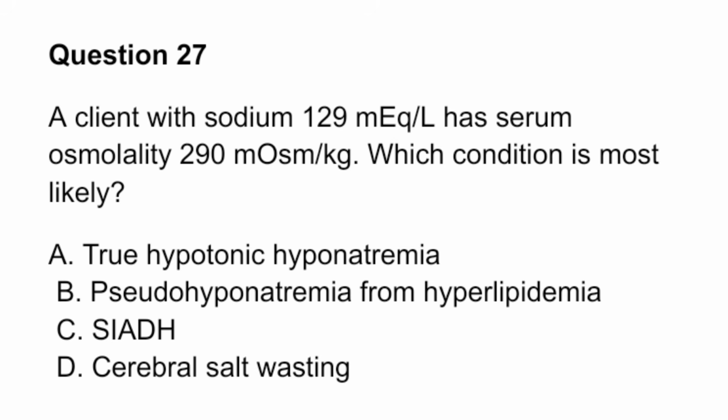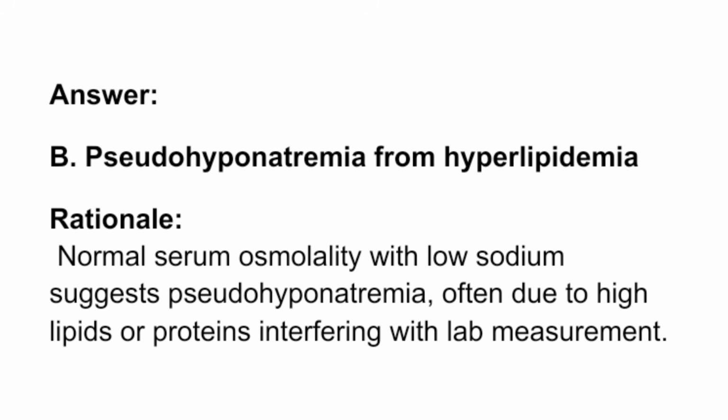C. SIADH. D. Cerebral salt wasting. Answer. B. Pseudohyponatremia from hyperlipidemia. Rationale. Normal serum osmolality with low sodium suggests pseudohyponatremia, often due to high lipids or proteins interfering with lab measurement.